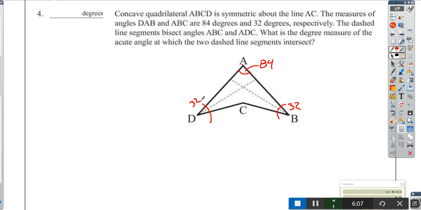All right. Well, we know a quadrilateral has a measure of 360 degrees. And I have 3 of the angles taken into account. Let's find this angle. All right, so 32 plus 32 is 64. 64 plus 84 is, I should use my calculator, but I'm going to go to my notes.